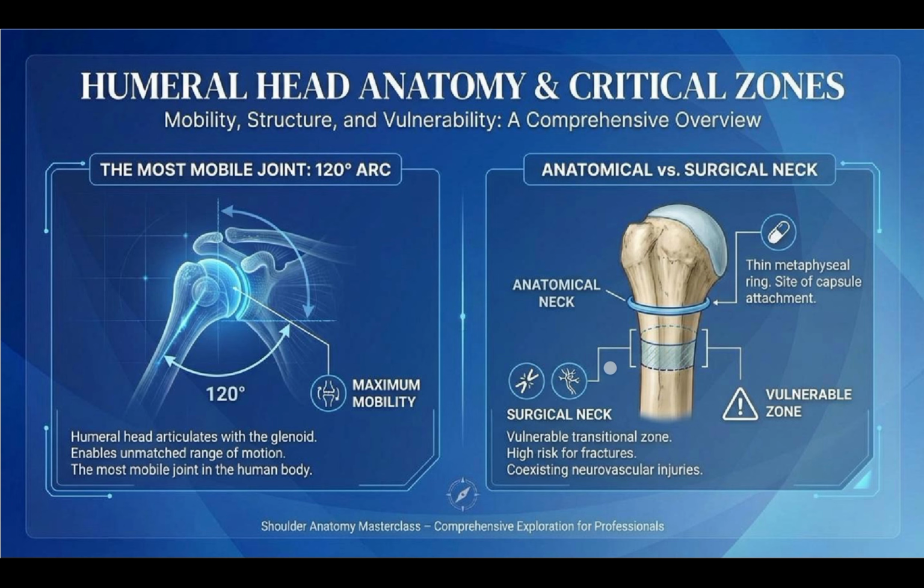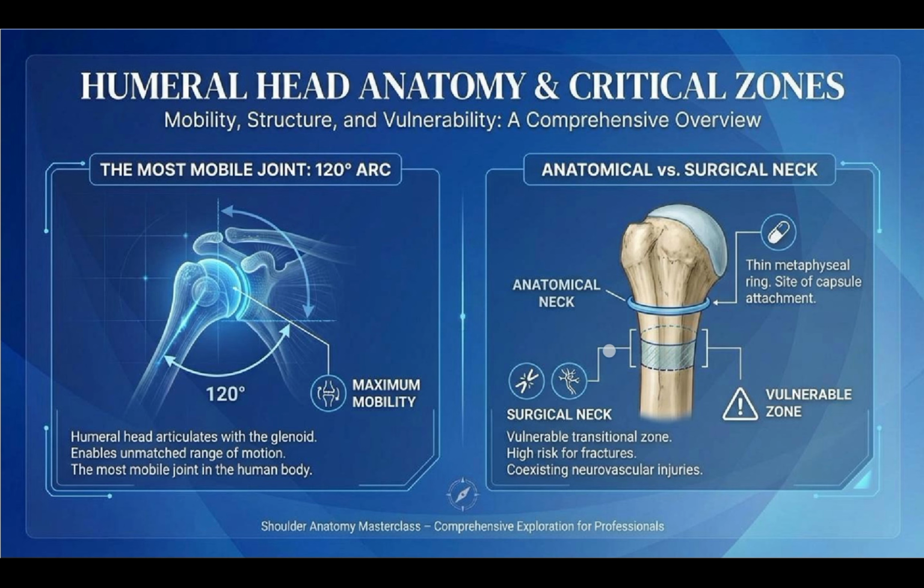So we have the surgical neck, a vulnerable transition zone, with high risk for fractures and coexisting neurovascular injuries. This surgical neck is supplied by many arteries, the axillary arteries and many other arteries. The axillary artery supplies the upper limbs.